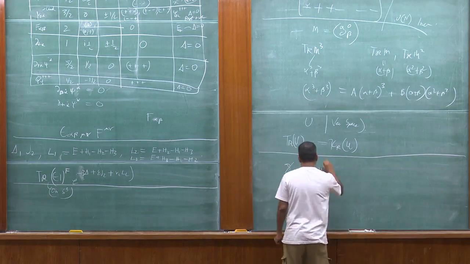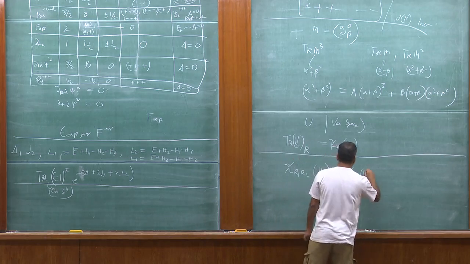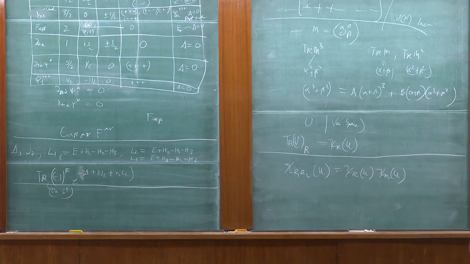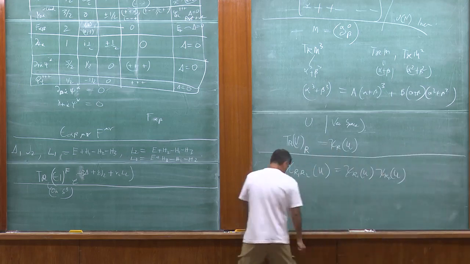Chi R1 times R2 of U is equal to chi R1 of U times chi R2 of U. This is an obvious statement about traces in tensor product spaces. If you check with indices, you can very easily convince yourself this is true. This is property number one. This is not so surprising.